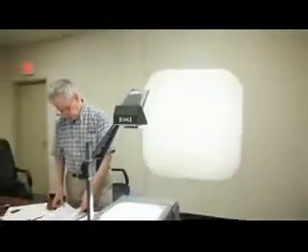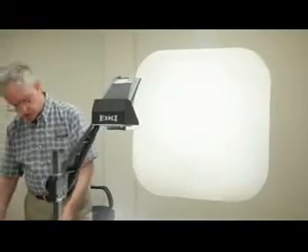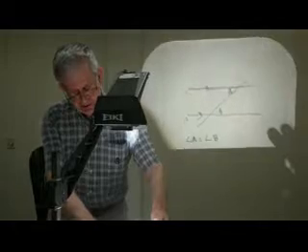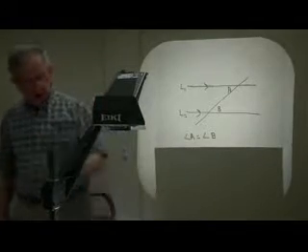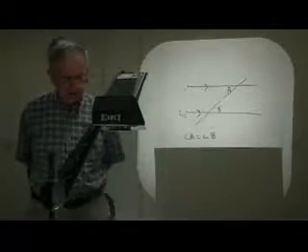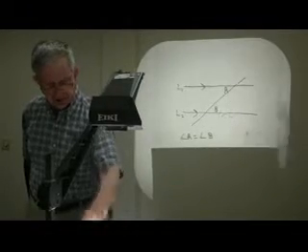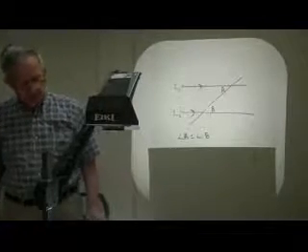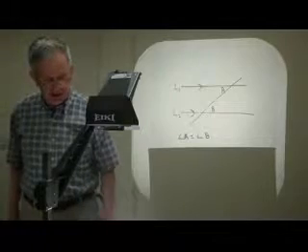Now there's one other result that I want to mention before we get to see some examples of problems. And that's when you have a pair of parallel lines cut with transversal. The angles, alternate interior angles are equal. And this is often just stated.